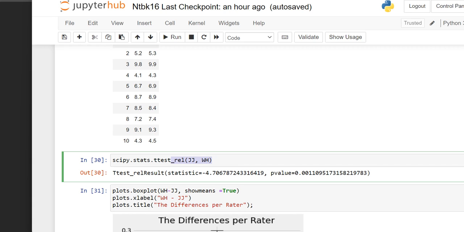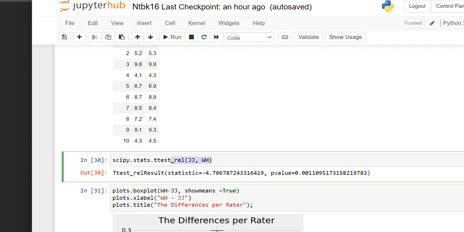A lot of times in a situation like this they'll take half of the people and have them try the JJ sandwich first, and the other half will have the Wirehouse sandwich first. Why do they do that? Well, there may be some bias that you induce by having 100% of the raters taste one sandwich first and a different sandwich next.